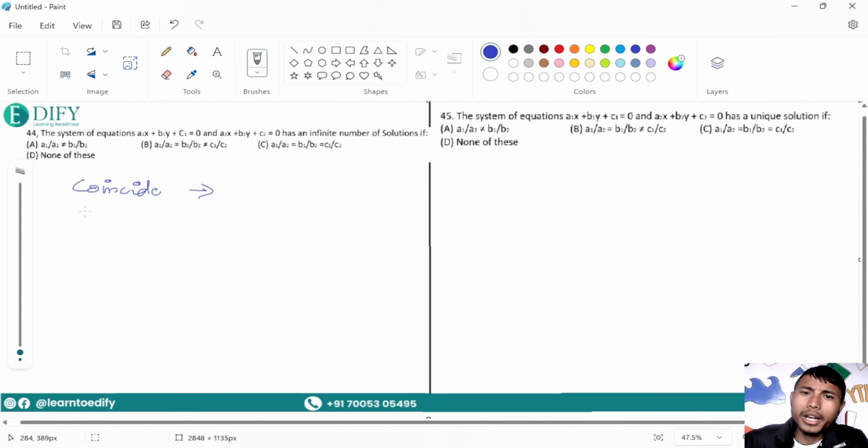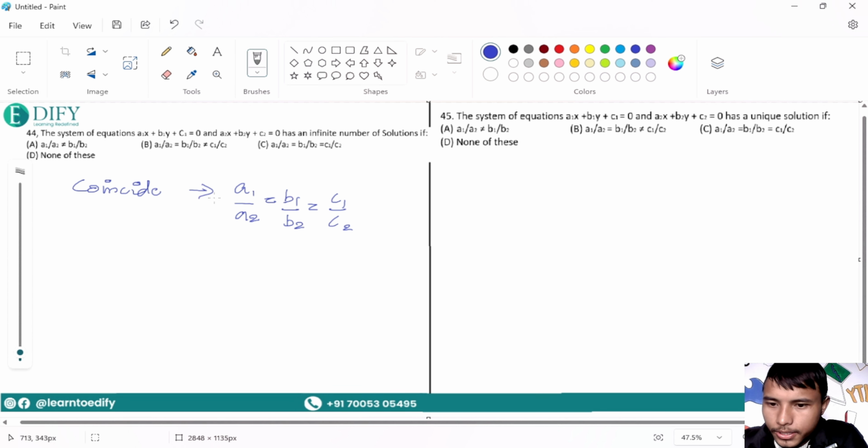So the ratio is a1 by a2 equals b1 by b2, and it is equal to c1 by c2. So the answer is option C.